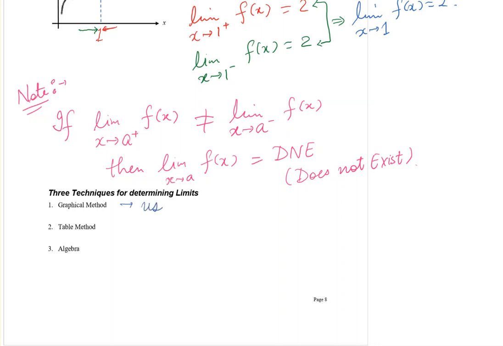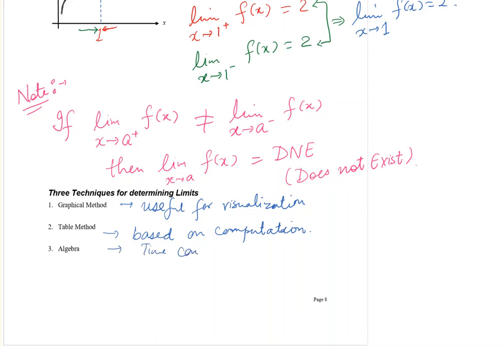Similarly, the table method is based on making a table, taking different values of x and finding the corresponding values of y. It's based on computation and you have to do lots of calculations, so it's time consuming, but it always works.